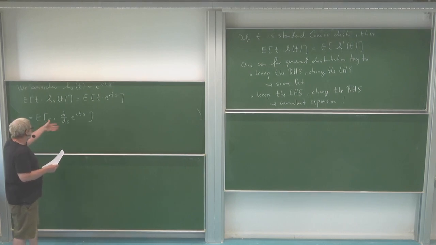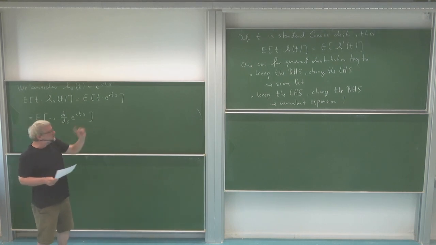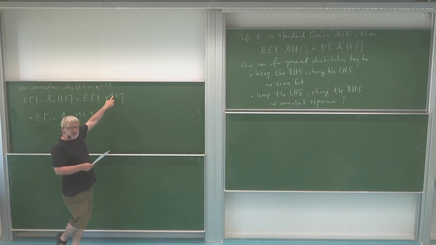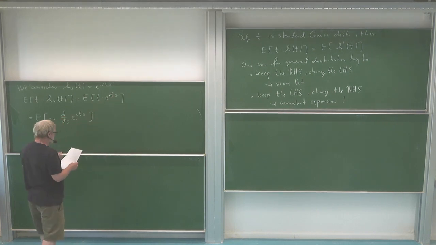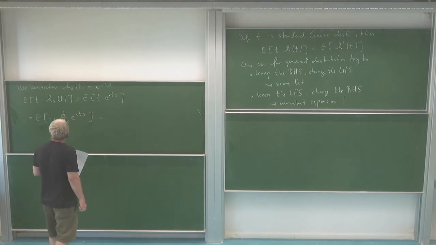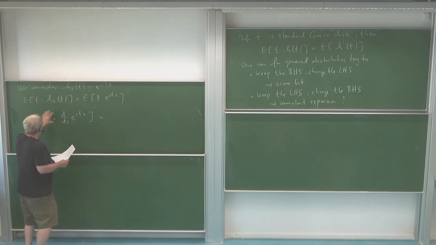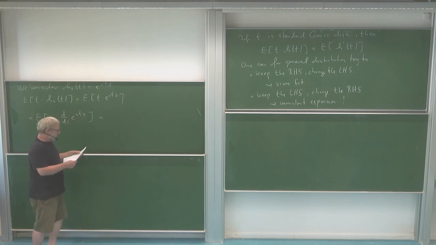But of course, this derivative doesn't help me so much, because the derivatives which I would like to have on this side would be derivatives with respect to t. This here is just an intermediate step. In principle, I can exchange this. So this is the derivative with respect to s of the expectation of this guy here.